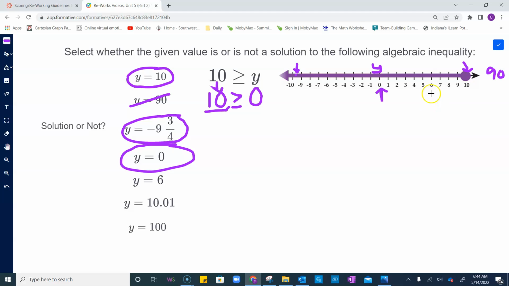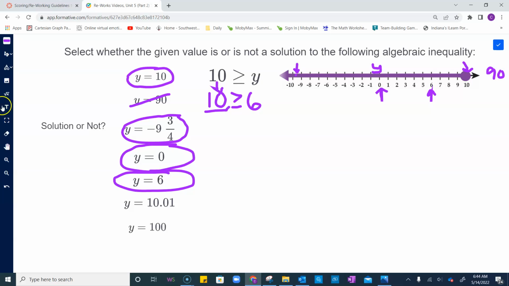The next one is 6. Again, probably not one you have to think too hard about, but you got to make sure you read left to right. 10 is greater than 6. Yes, it is. 6 is here, 10 is to the right of it, which makes 10 bigger than 6.